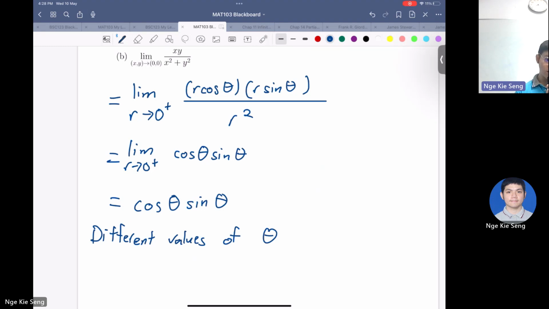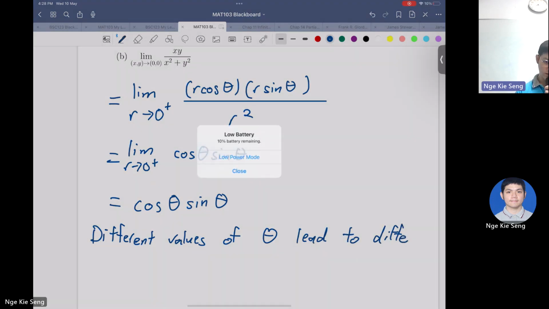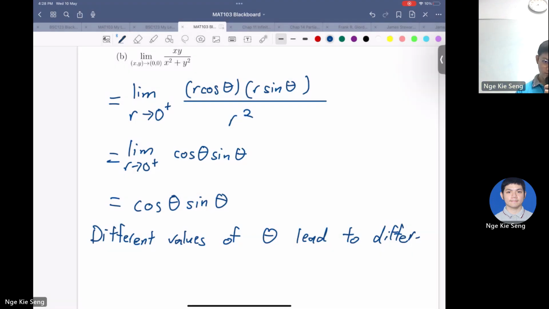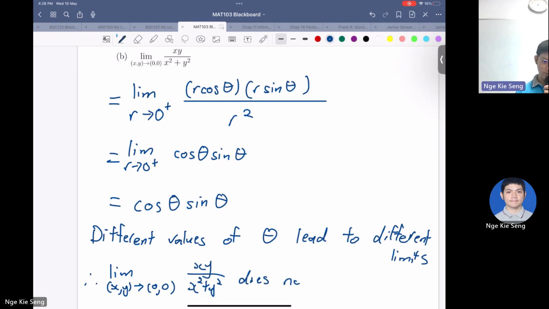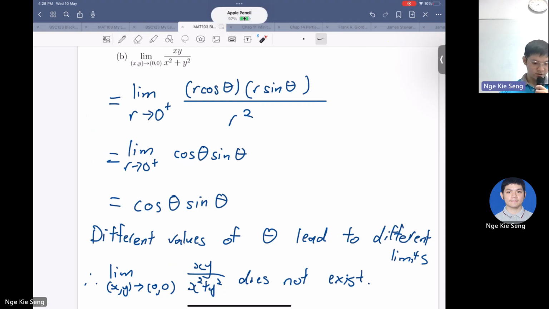The actual limit doesn't exist. Strictly speaking, we cannot write equal here, because it doesn't exist. But this is just for calculation. So strictly speaking, it doesn't exist.